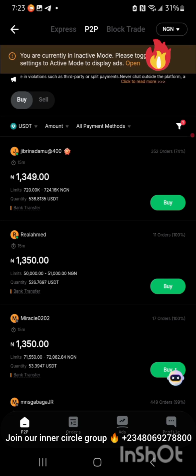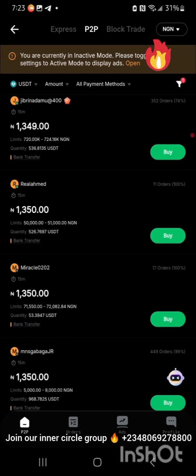For instance, we all know the general market in Nigeria we use in buying fiat currency is Bybit. Some people use MEXC or Gate.io or KuCoin, but I'm most familiar with Bybit.